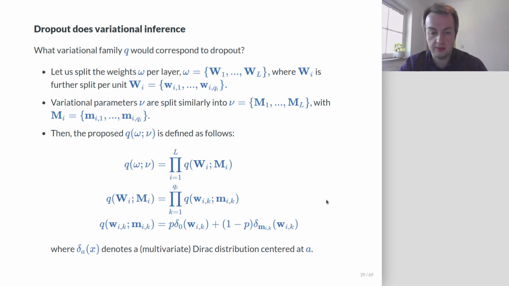This is just saying that if you look at some node in layer i with index k, all the weights connected to this node, defined by this vector Wik, will either take the multivariate value of 0, which is the first term, with probability p, or they will take another value with probability 1 minus p, and that other value is given by Mik. Okay?